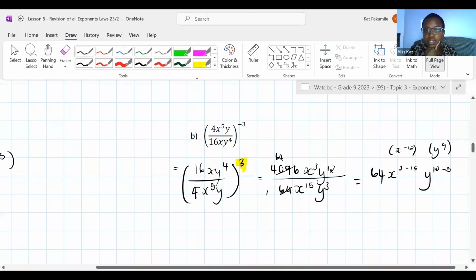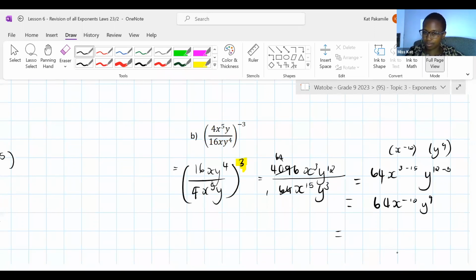So the final answer is 64. Wait, are we done? No, we're not. Final step is we have to put 1 over 64 x to the power of 12 and y to the power of 9.